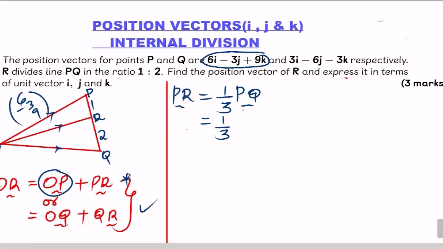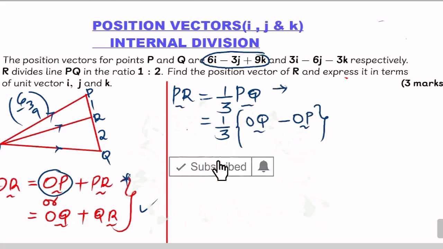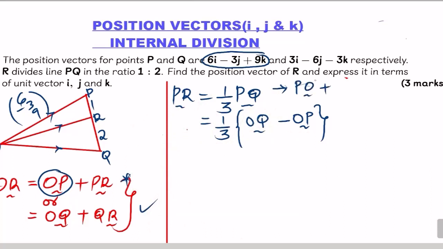The easiest way to get PQ is by taking OQ minus OP, since these are position vectors. Or you can move from P to Q by going PO plus OQ, which is still the same thing. Whether you use this method or that one, it is the same.